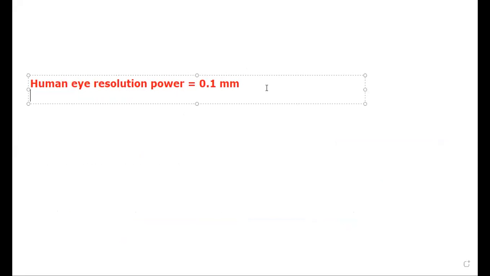Now, human eye. What is the resolution power? 0.1 millimeter. Okay. Compound microscope.